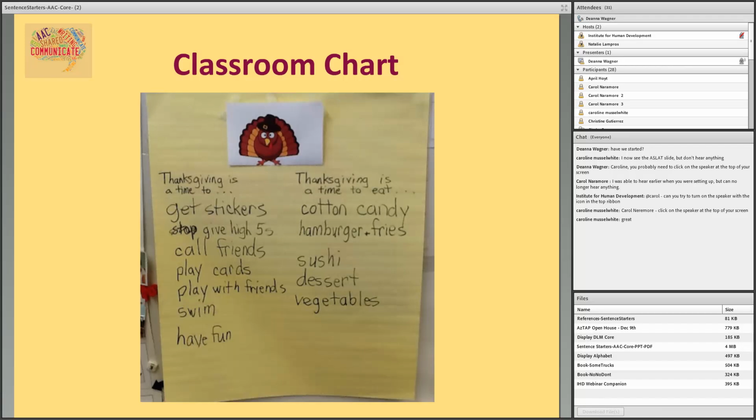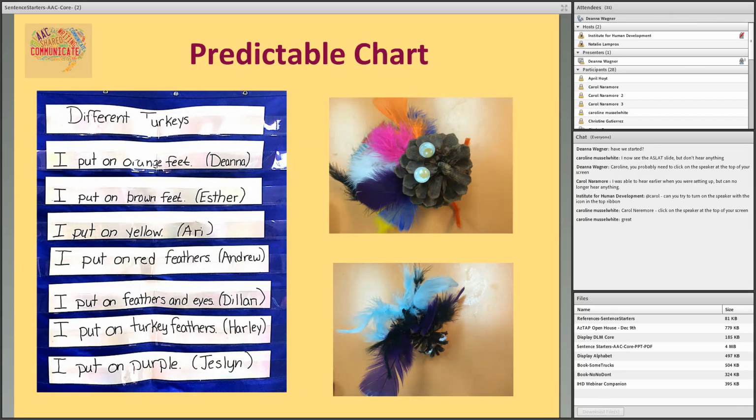I'm going to show you, at the same time that week, we were making turkeys out of pine cones. In a K2 cross-categorical classroom, I was working with some kids who are verbal and some kids who are using devices, and there were 6 kids on this day, and we were making these really odd-looking turkeys.